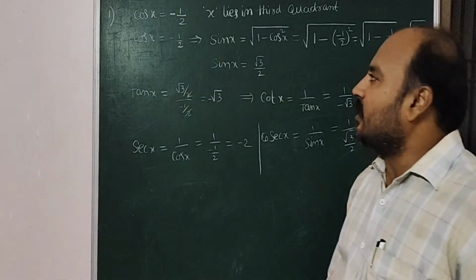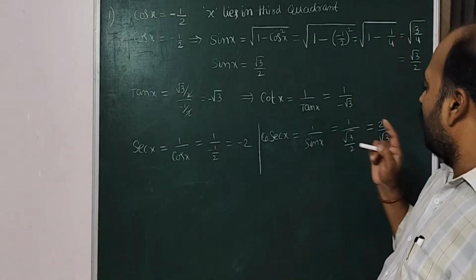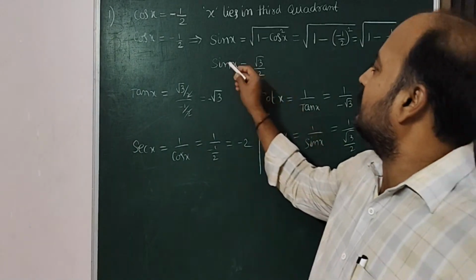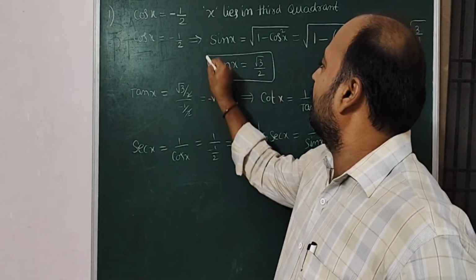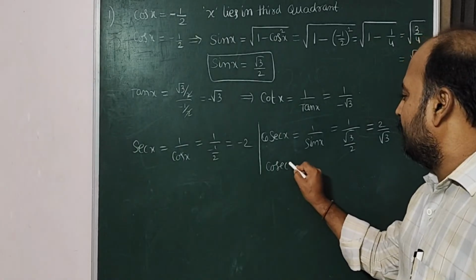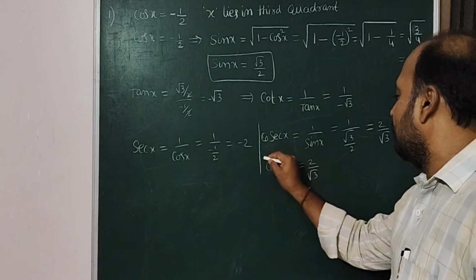Here we observe what is positive in this. Cosecant is positive and sine is positive. So sin x and cosecant x values are positive, and the rest of them are negative.